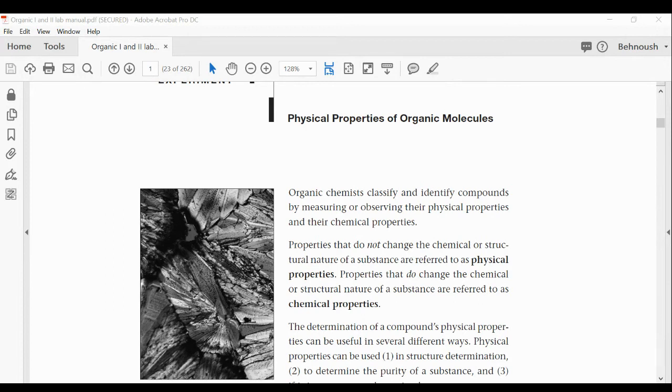You have Wikipedia online. You have Google. We also have the CRC, and CRC is very old. I have the 48th edition in the lab. I have an 84th and 88th edition in my office. Every year they come up with a new edition of that book, and it gets thicker and larger in page size.